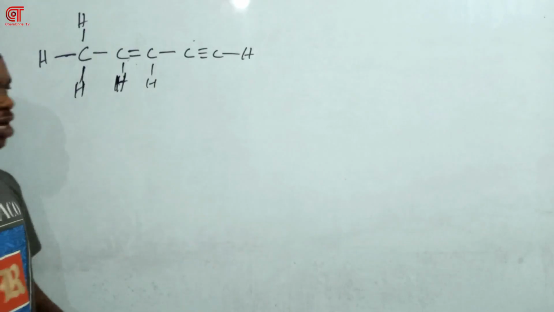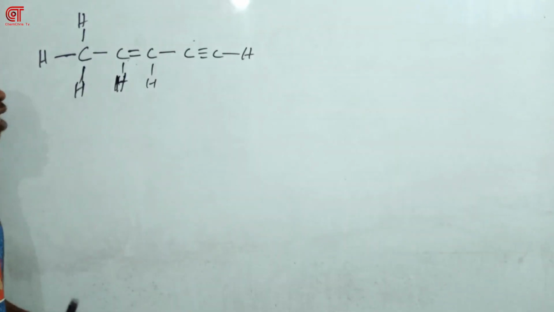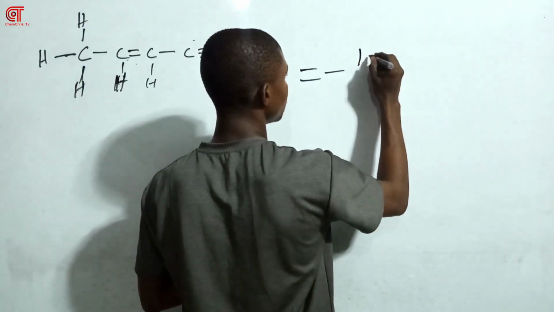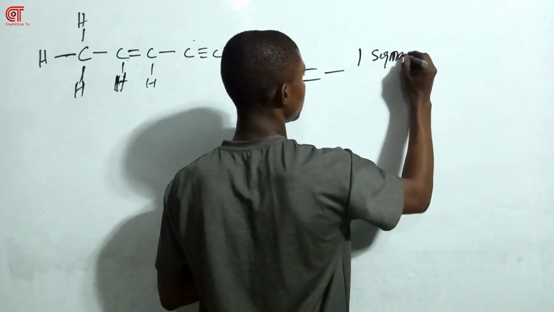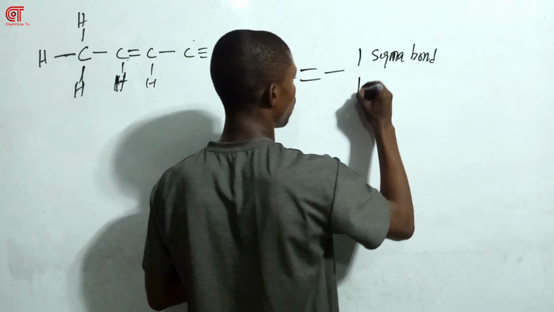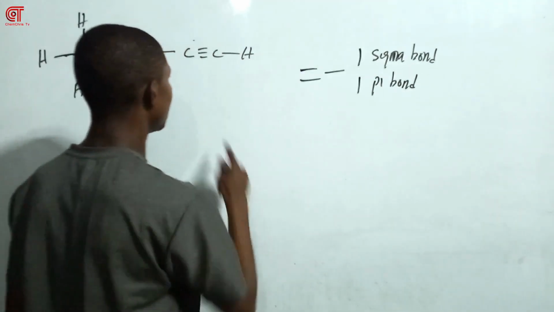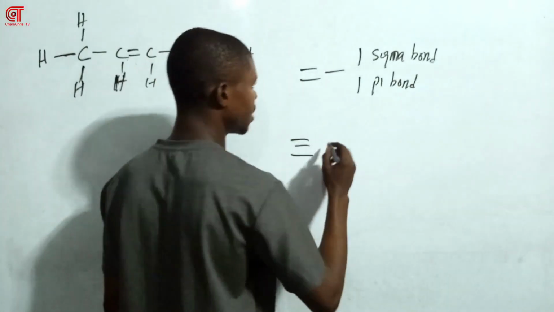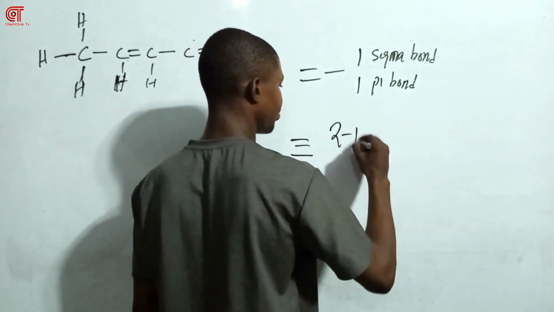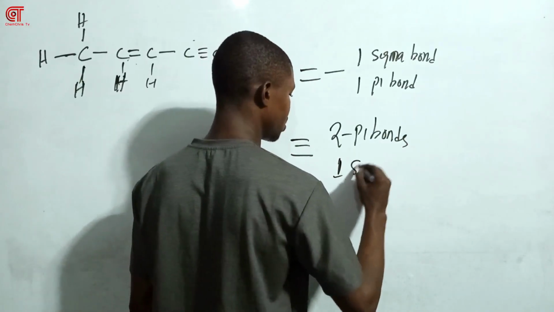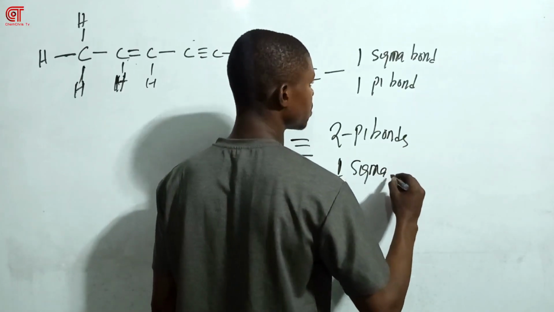So how many pi bonds do we have here? How many sigma bonds do we have here? Remember, a double bond contains one sigma bond and one pi bond. A triple bond contains two pi bonds and one sigma bond.